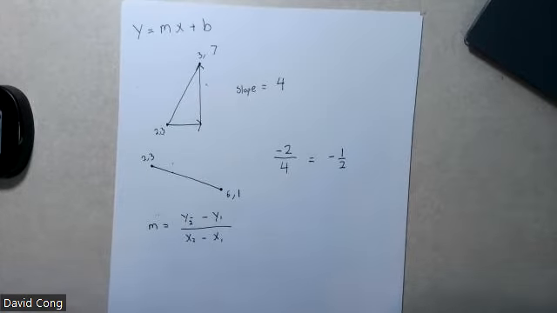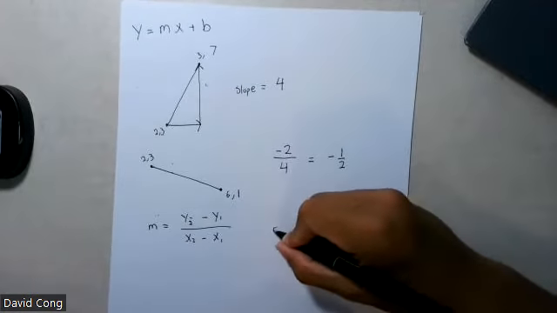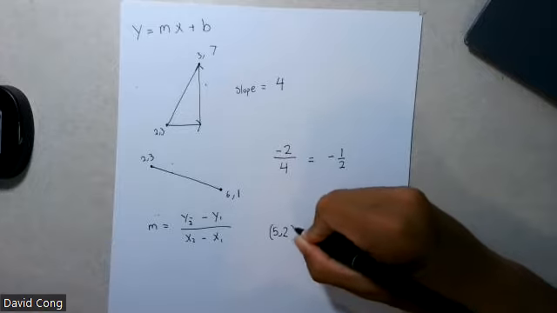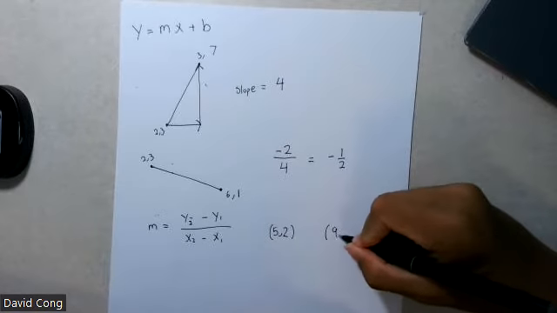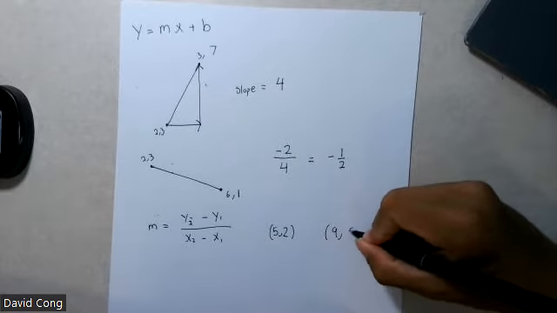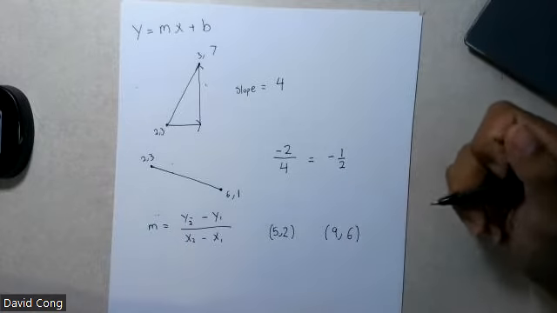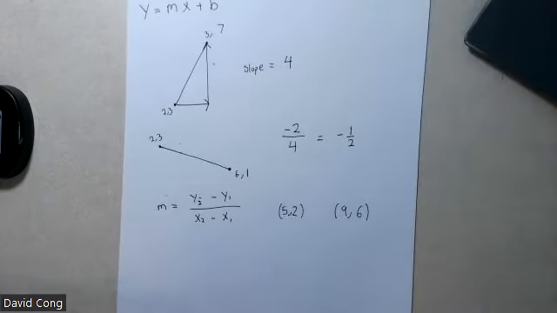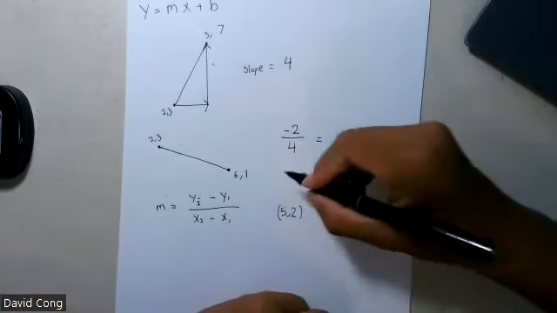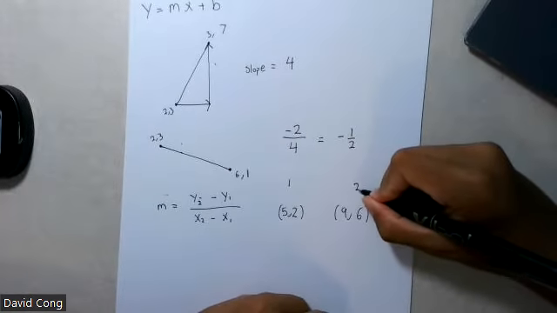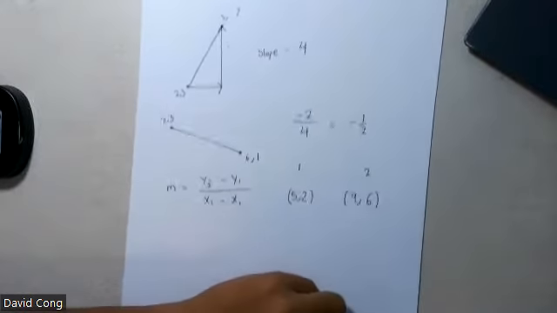So we can see, if I gave you points like 5, 2 and 9, 6, we're looking at again, how much does the y move? So first, let's label our points. Let's call this 1, and let's call this 2. So it lines up with this.